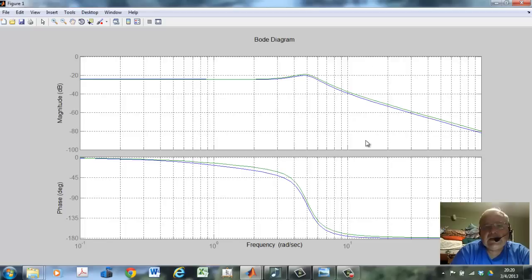So, from this experimental data or the transfer function fit, if I were to review what I did last week, or what we did in class last week, if I wanted to make the bandwidth 10 here, I would raise the gain. It looks like 40 dB. I'd raise the gain, and that would make this point the crossover frequency.